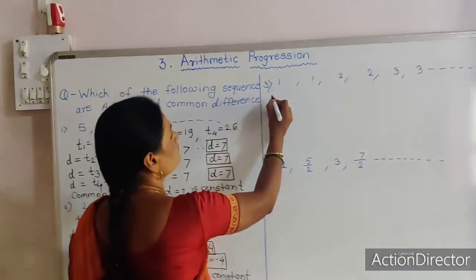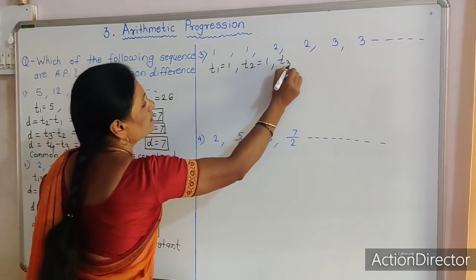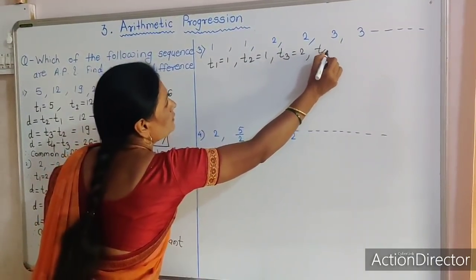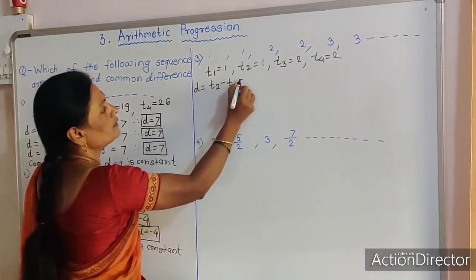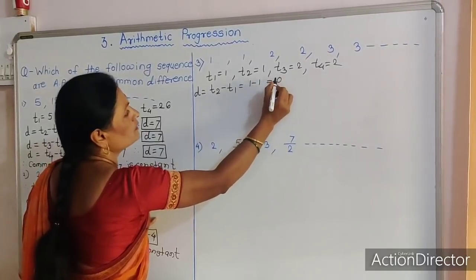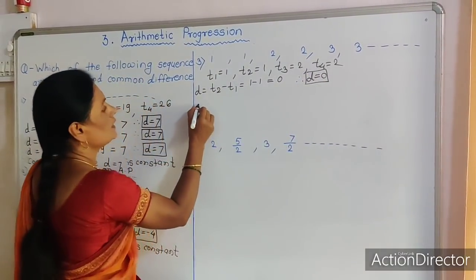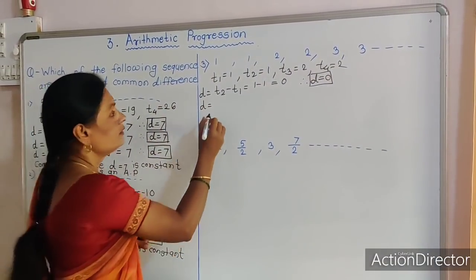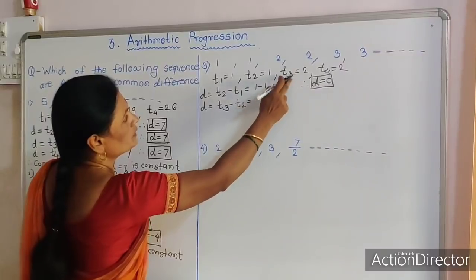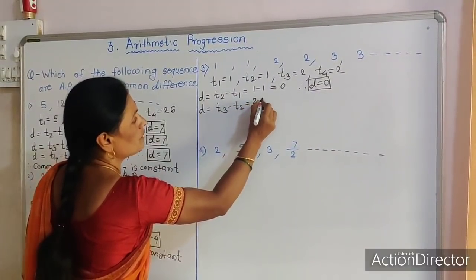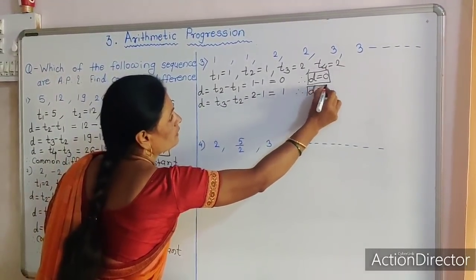In the next example, T1 is 1, T2 is 1, T3 is 2, T4 is 2. D is equal to T2 minus T1, which is 1 minus 1 equal to 0. Therefore, D is equal to 0. Here D is equal to T3 minus T2, which is 2 minus 1 equal to 1. Therefore, D is equal to 1.